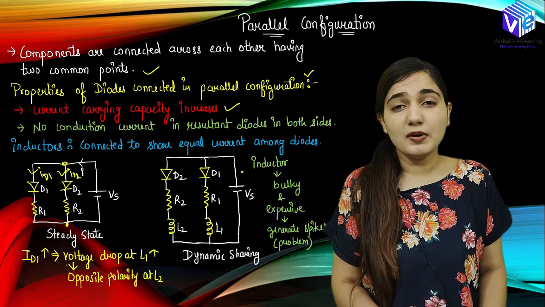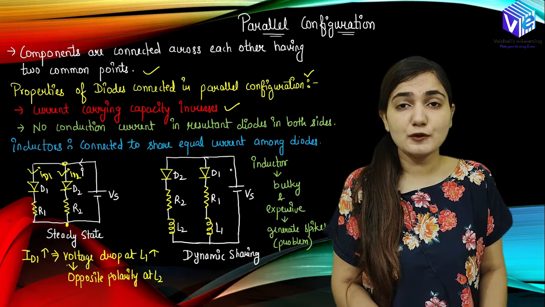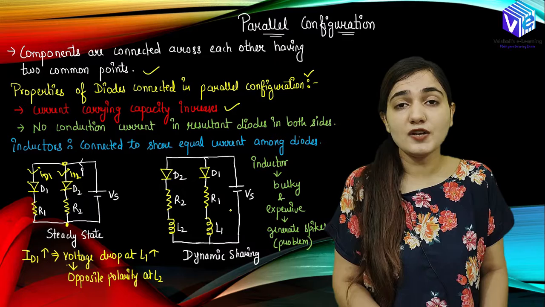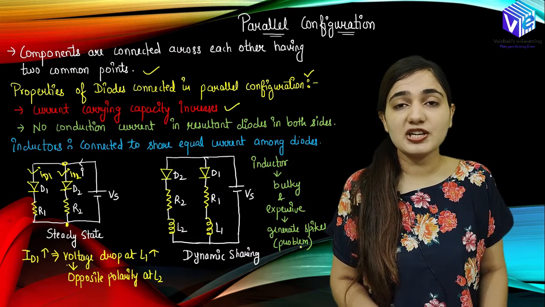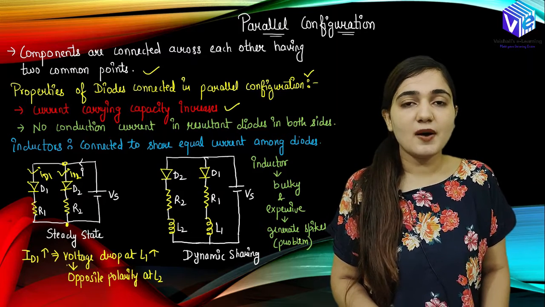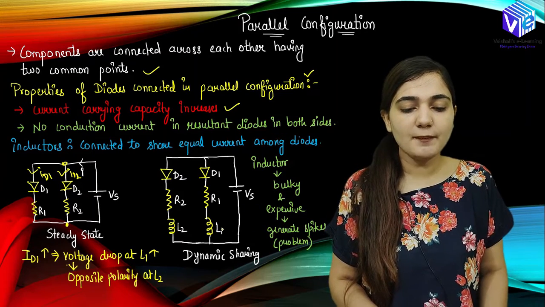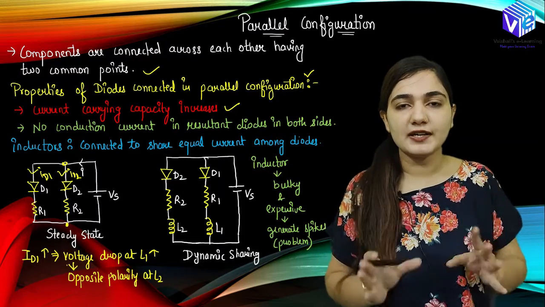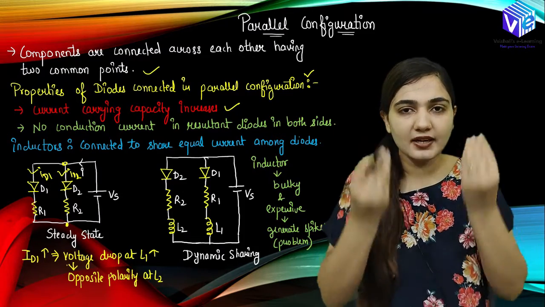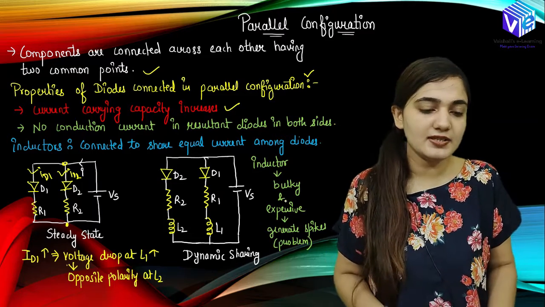But there is a problem with using inductors in the given circuit, because inductors are expensive, they are bulky, and they can even generate spikes, which is a problem for us. So the parallel configuration has some problems due to the use of inductors, which make the current flow in both of the branches the same.